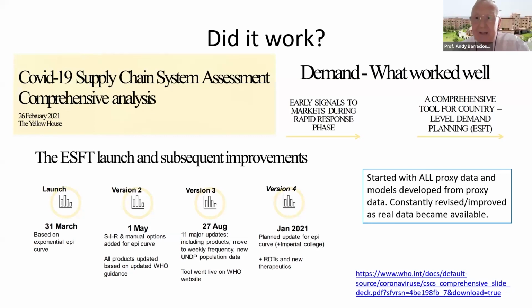We were able to send signals to the market, how much we needed, how many massive scale-ups of gowns and masks were required. Because we'd got those models in place, developed from proxy data, but changed over time with real collected data, constantly revised and improved as real data became available. Next slide, please.